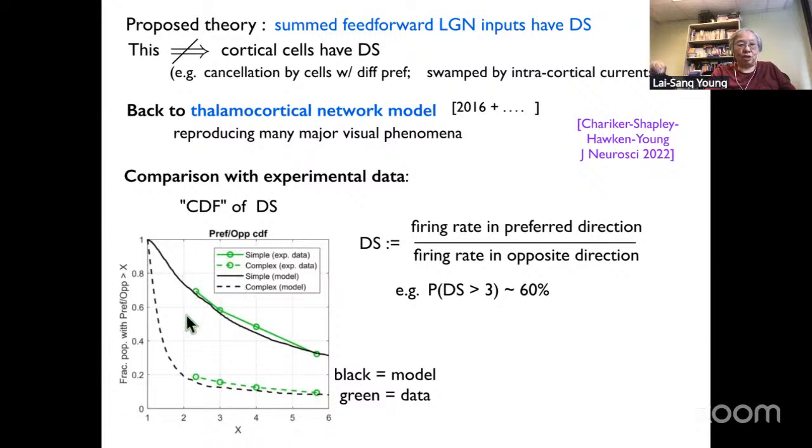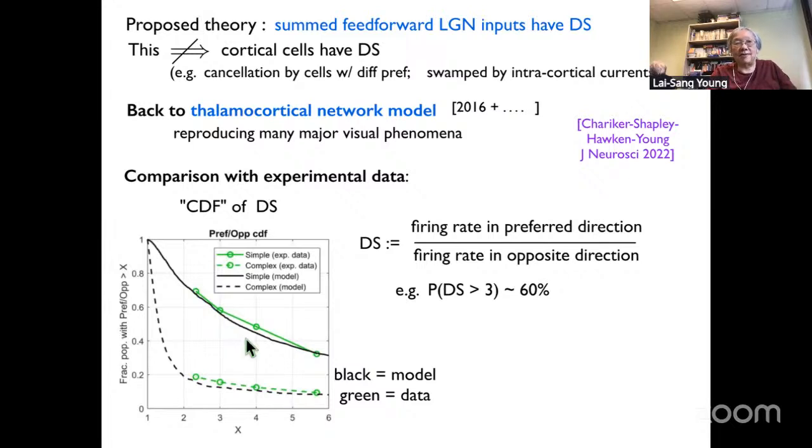These are the proportion of cells with this ratio bigger than something. For example, 3 is the gold standard, and it's usually the point that people look at. About 60% of real-life cells have a direction selectivity index bigger than 3, and we of course tried to tune the model so that it has that, and more or less it does.